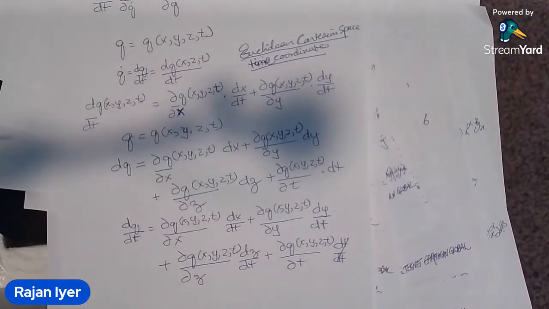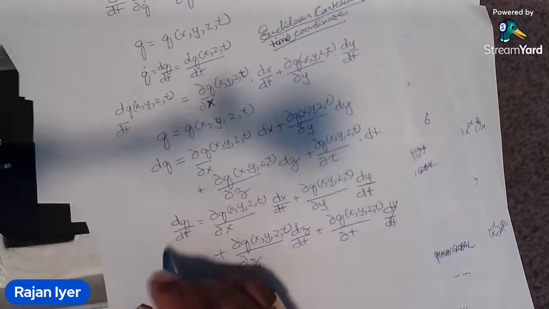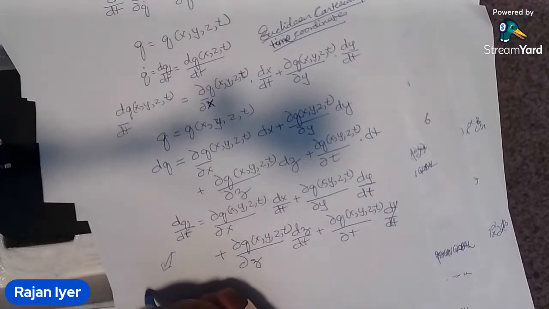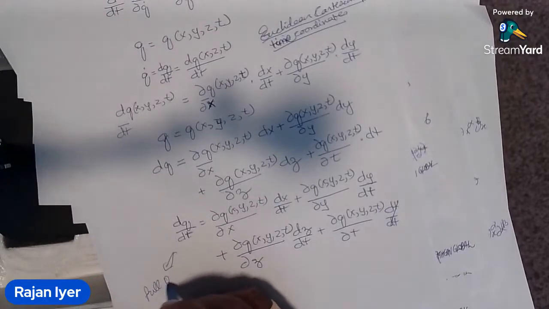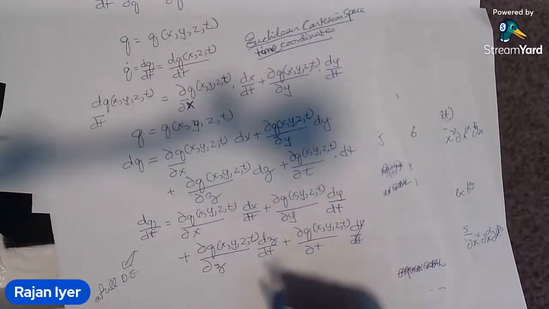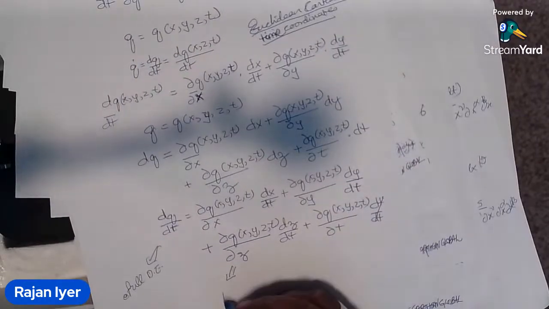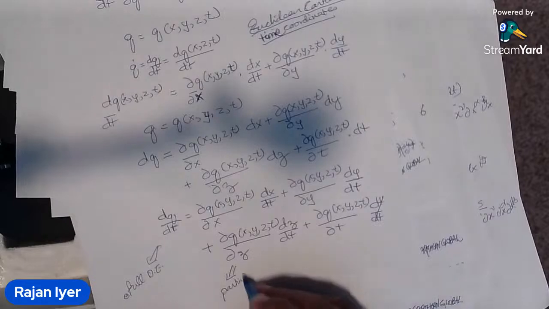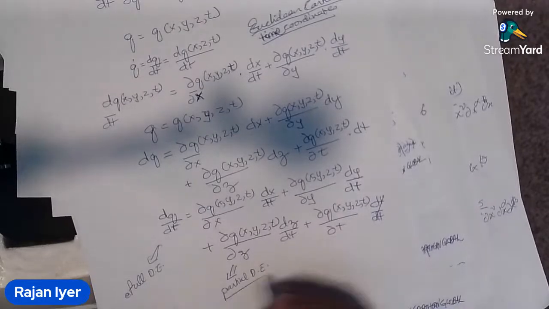That becomes 1, right? So this is how you can convert. This is your full differential equation. I think it's called full, or there is another term also. This is called the partial differential equation. So this is the connection.